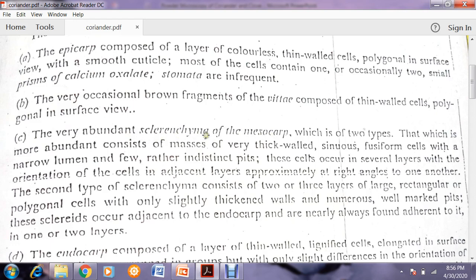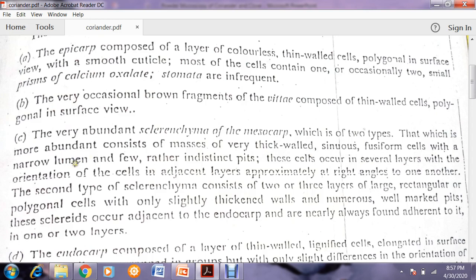So the sclerenchyma of the mesocarp are of two types. The first one, which is more abundant, consists of masses of very thick walled, okay, thick walled fusiform cells with a narrow lumen.